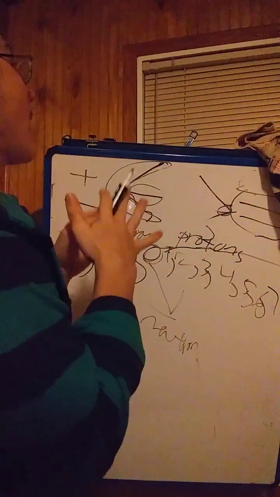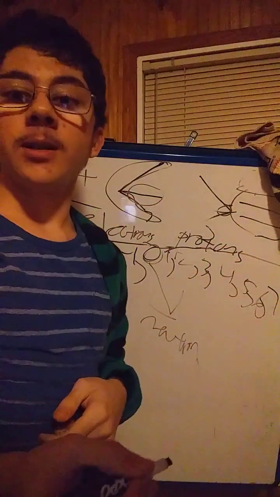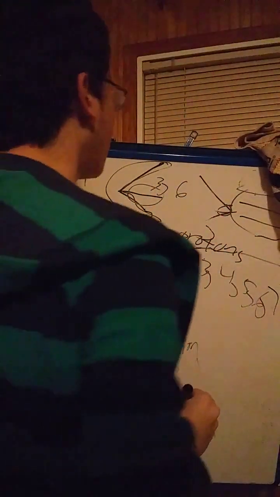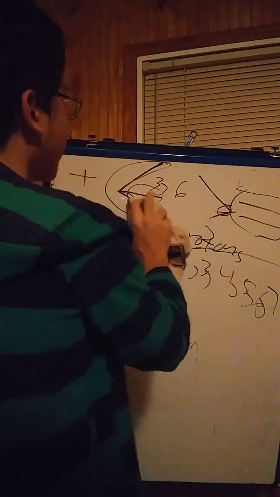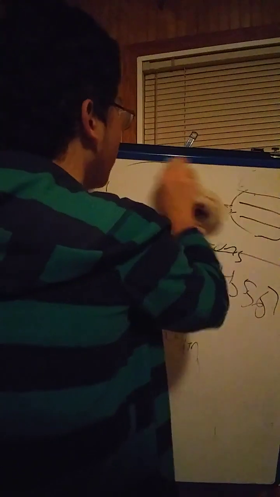Now, think of the food that the alligator is eating as numbers. So let's say we have 3 and 6. So here, actually, let's erase this model here.